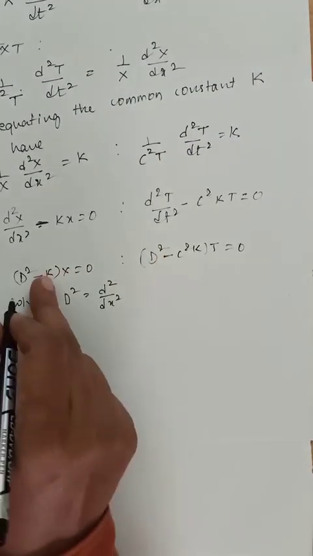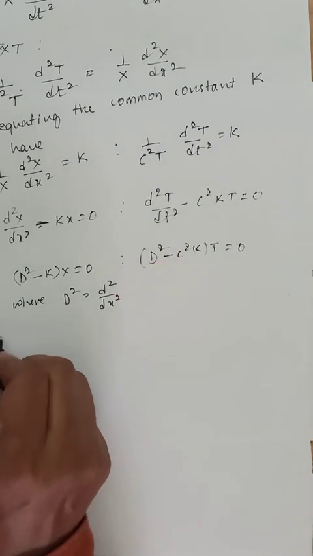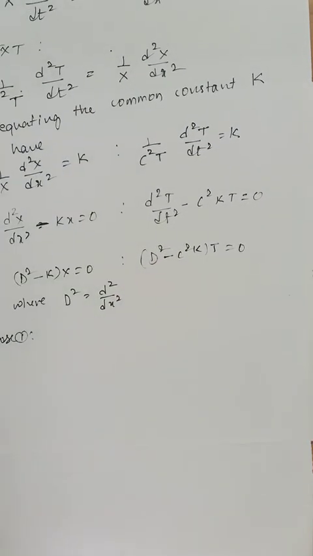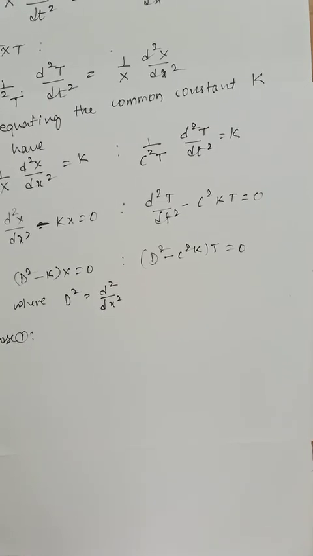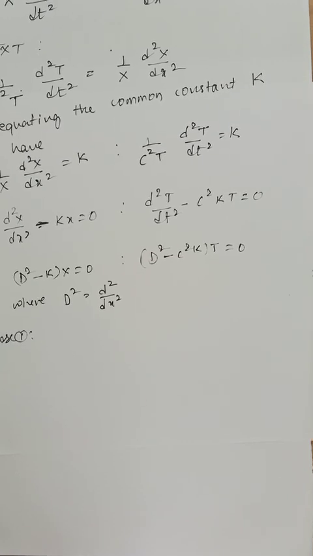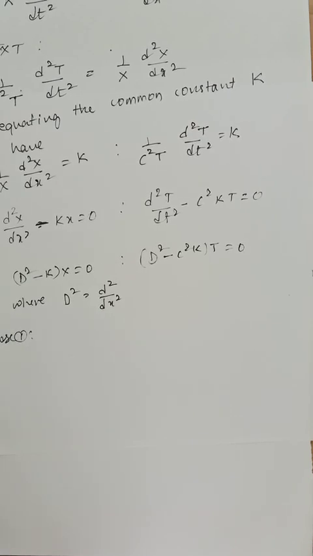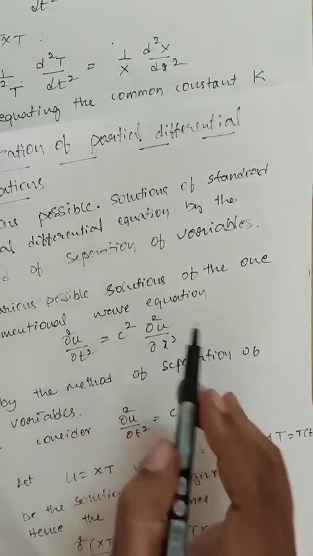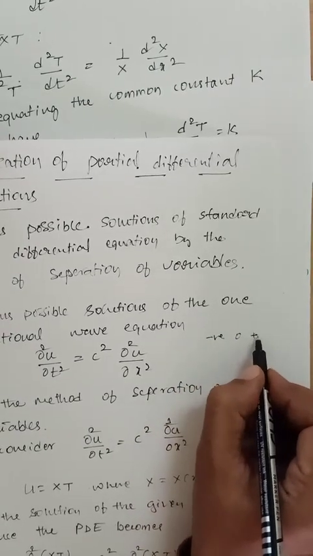After we get these two equations, you consider case 1. In every derivation of this particular type of problem, that is, find various possible solutions of partial differential equations by the method of separation of variables, see the question: various possible solutions means we consider the negative side, zero and the positive side.